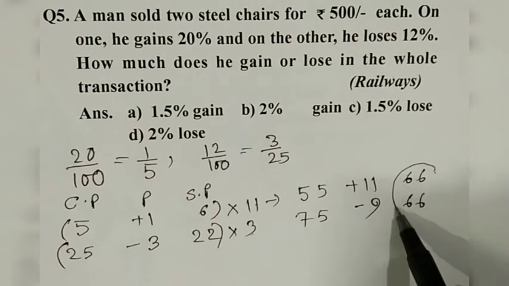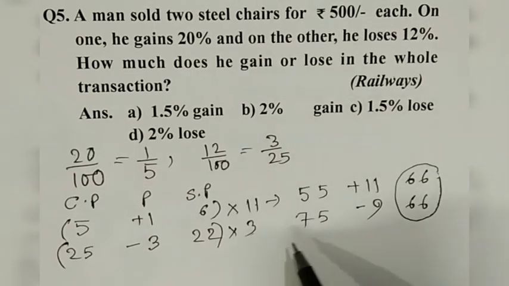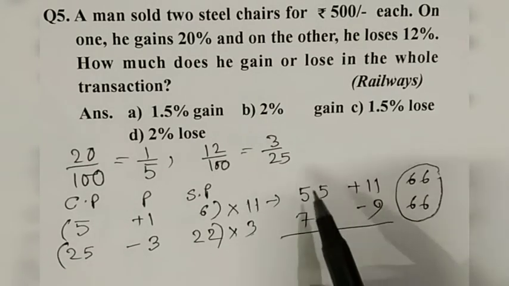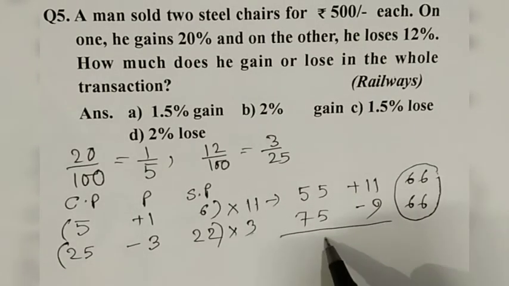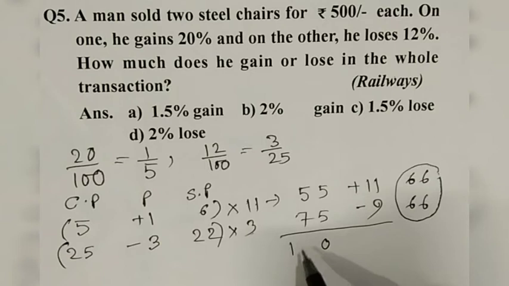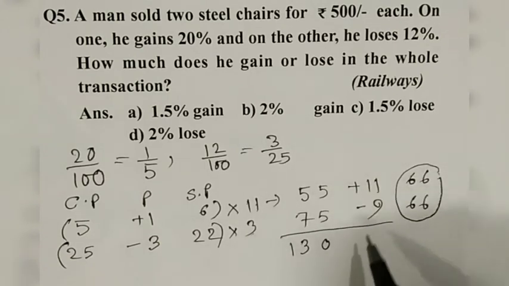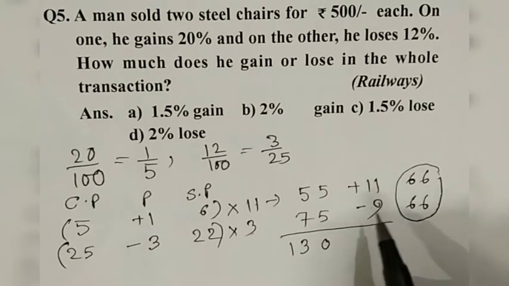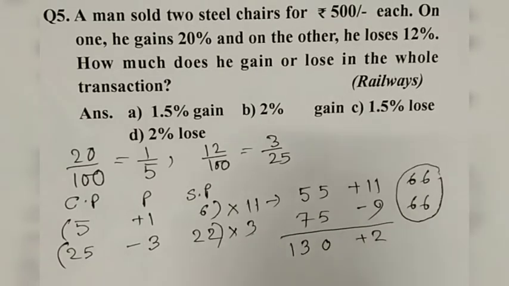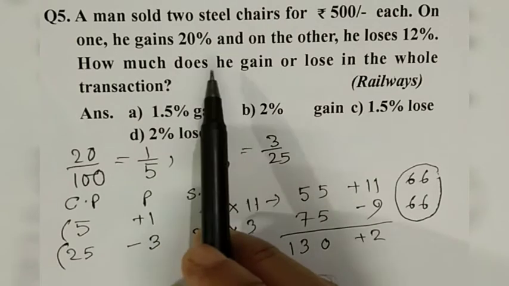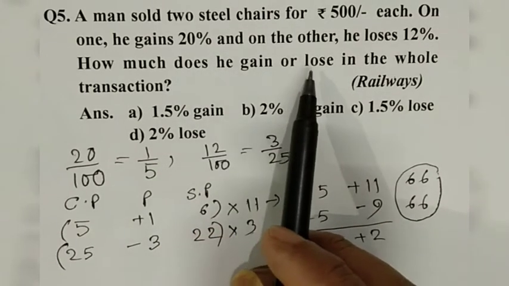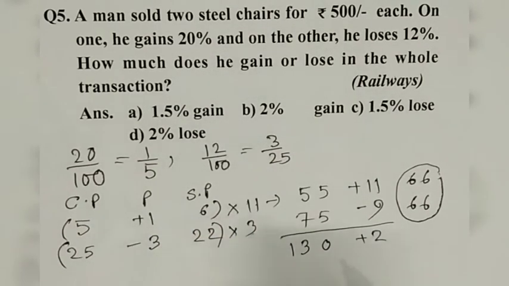Here selling price is the same, then whole transaction cost price will be 130, and plus 11 and minus 9, profit plus 2. How much does he gain or lose in the whole transaction?